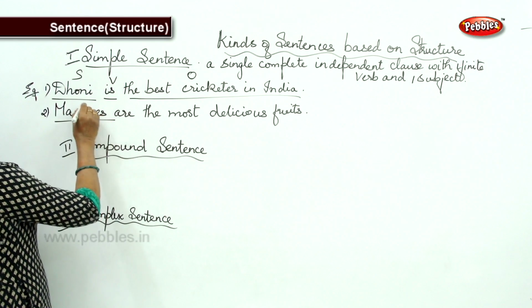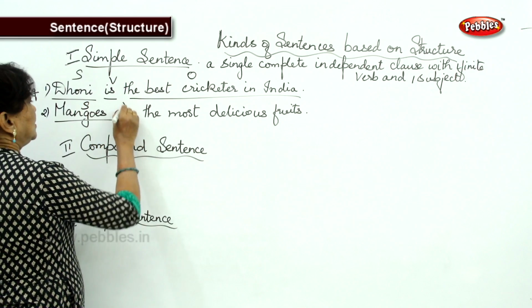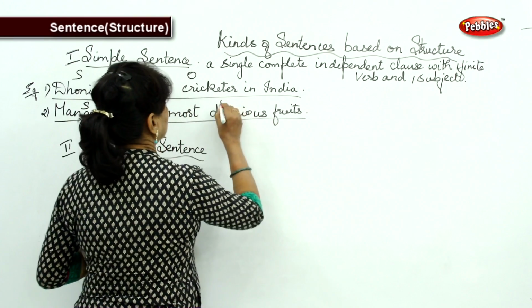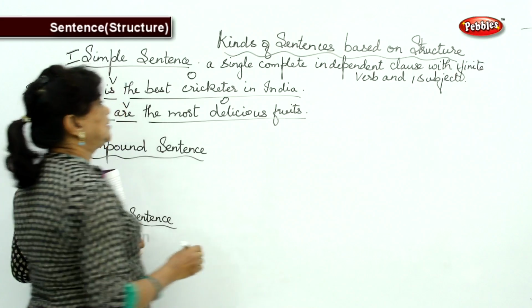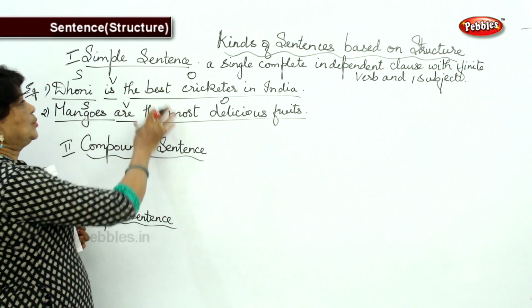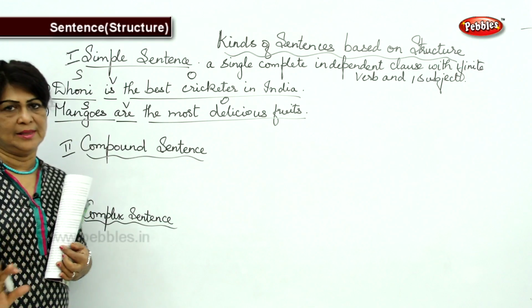Here mangoes is the subject, are is the verb, are what? The most delicious fruits is the object in the sentence. So these two are simple sentences.